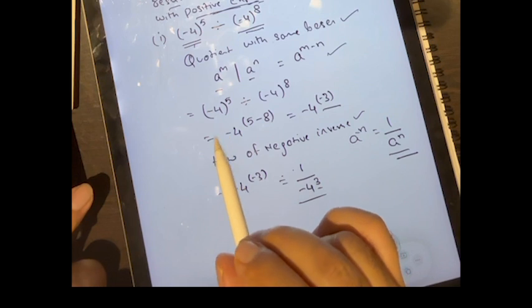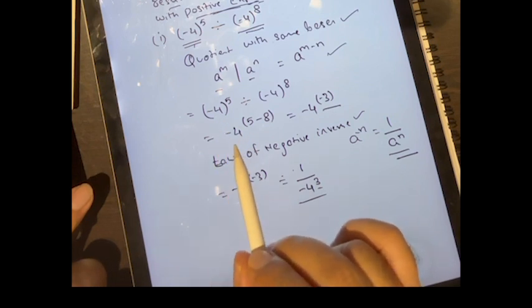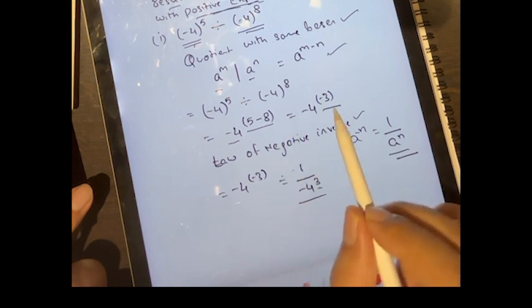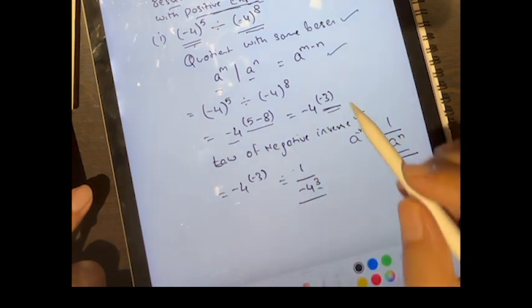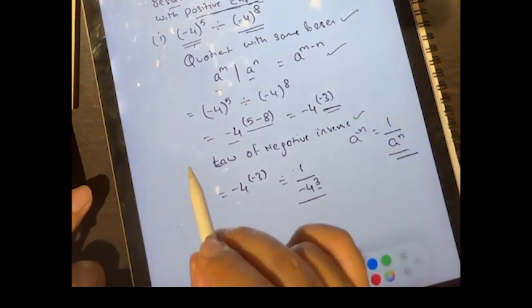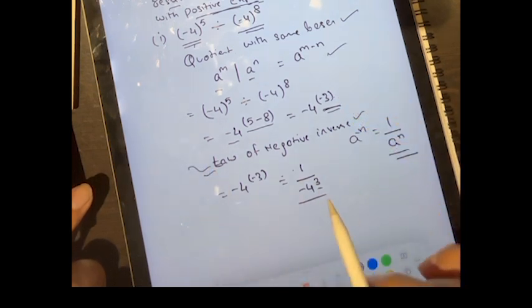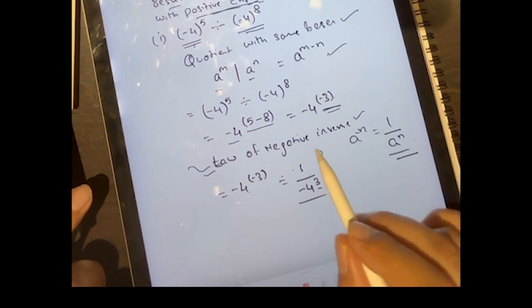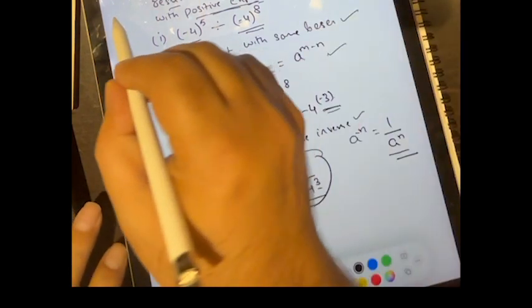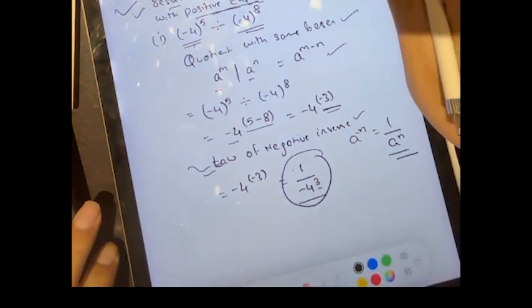So this is exactly what we have applied to our expression, wherein we have said minus 4 raised to the power of 5 minus 8. We received something like this. And given that we had to convert this negative exponent into the positive one, we have applied another law called negative inverse, and with the help of negative inverse, we have got this answer. With this, I will move on to the next question that we have under question number 2.